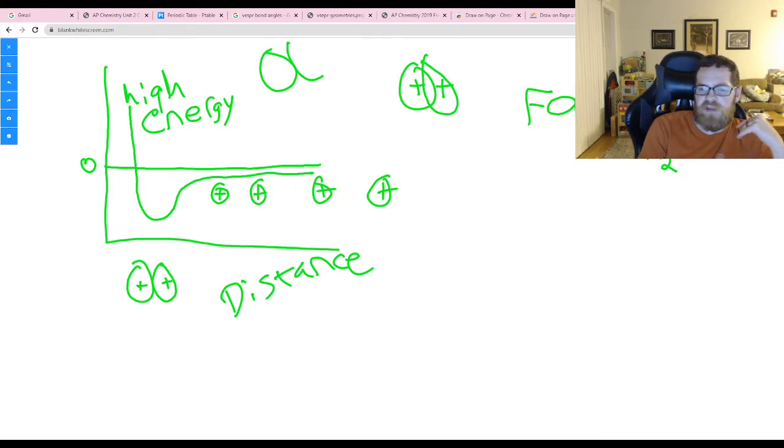Instead, we're going to look at this concept. As the radius increases, this value goes up, and so the force decreases. That's why it goes to zero.